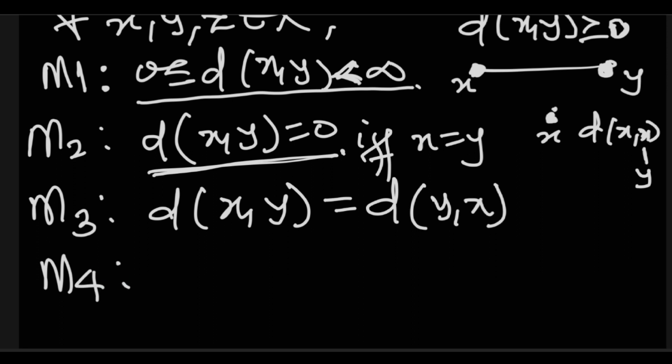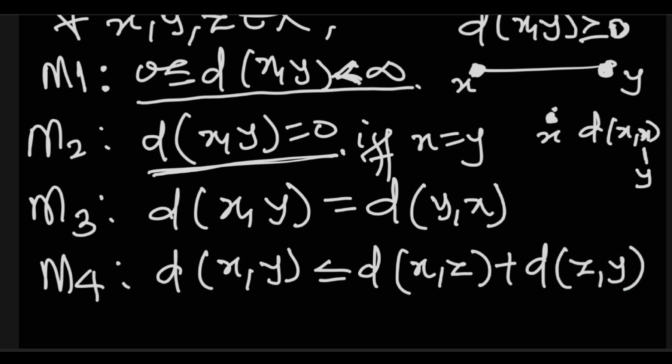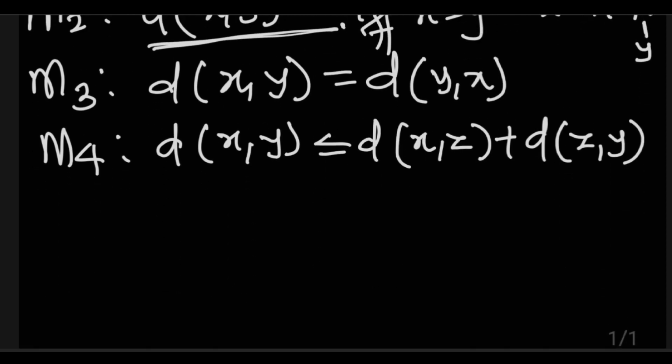Then the fourth condition is the triangle inequality, which says d(x,y) is less than or equal to d(x,z) plus d(z,y). This is x, this is y, and this is z. We are moving from x to y.